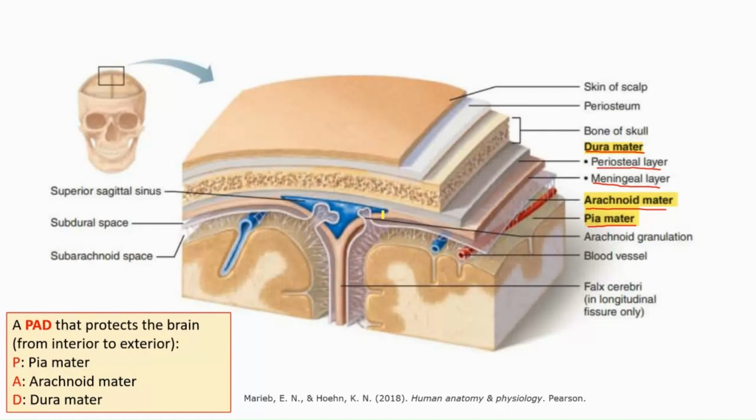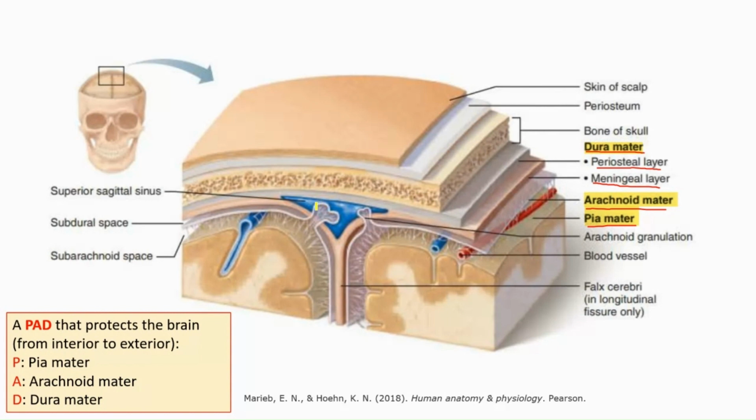So the meningeal layer can go down through the organ and form a partition. Here it separates, it forms a cavity between the periosteal and the meningeal layer, and then they attach again. At this cavity, there will be venous blood.